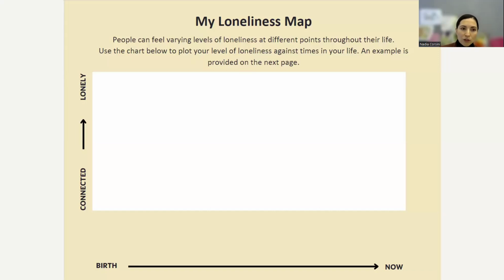We asked women to think about their own loneliness at different points throughout their life, using this chart to plot the times in their life where they felt more connected and where they felt lonely. This was an optional activity.